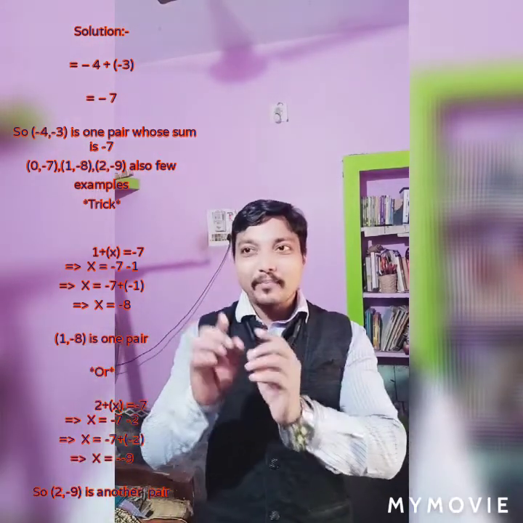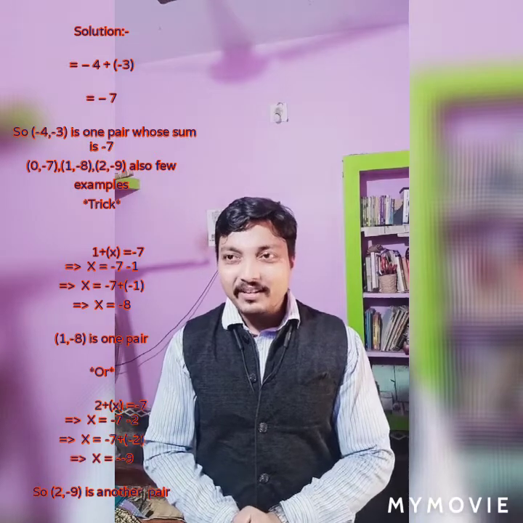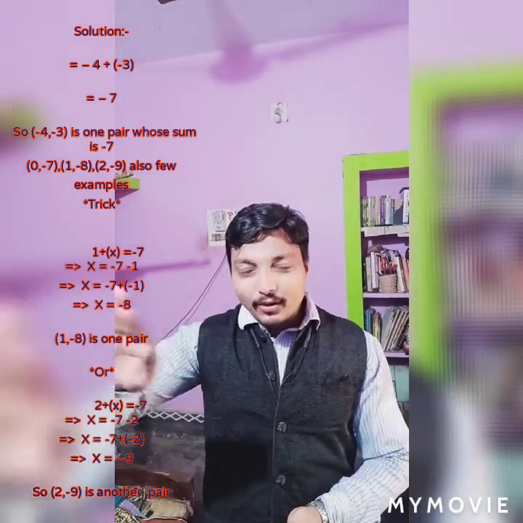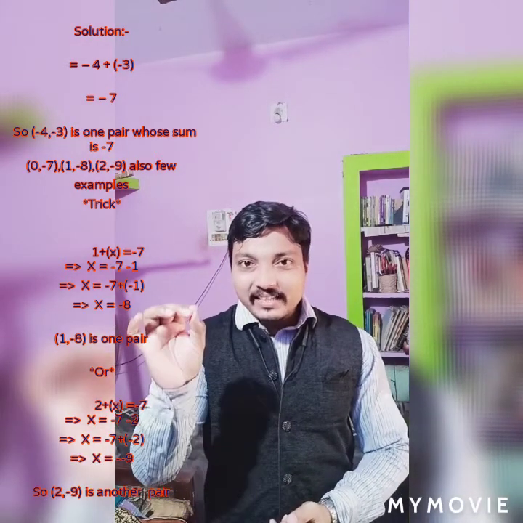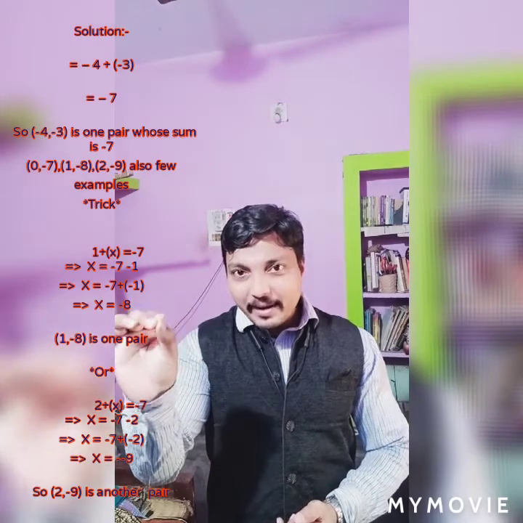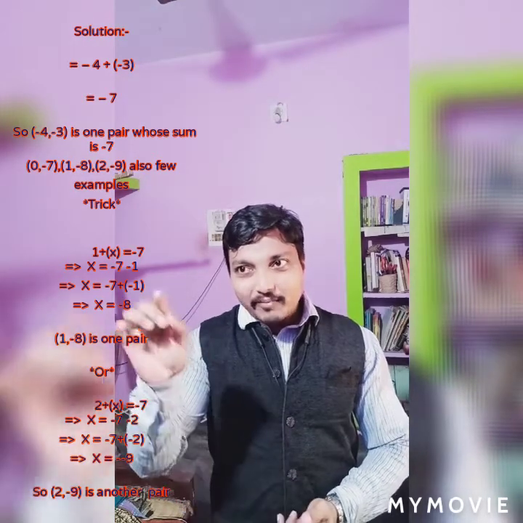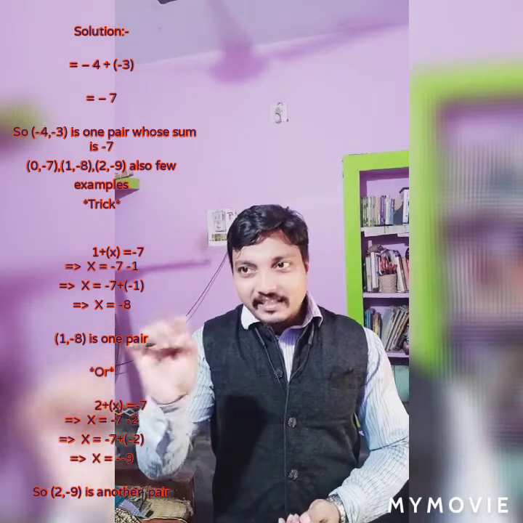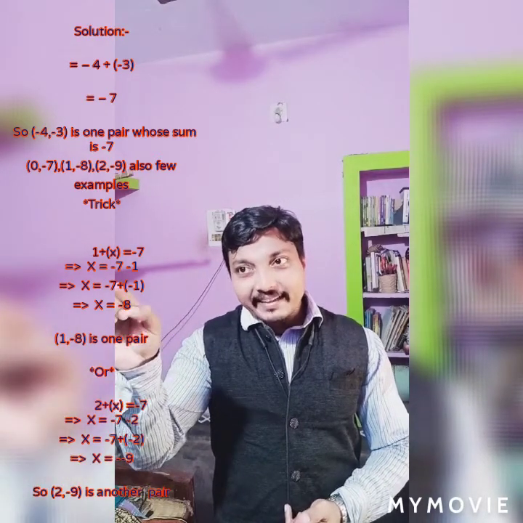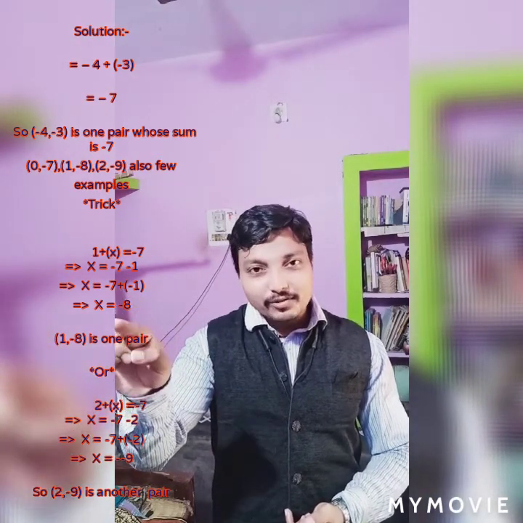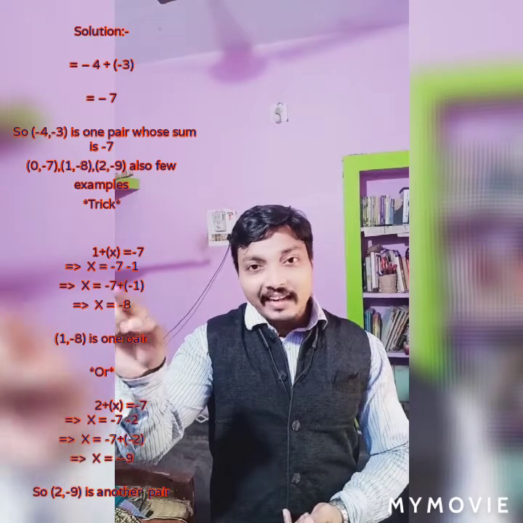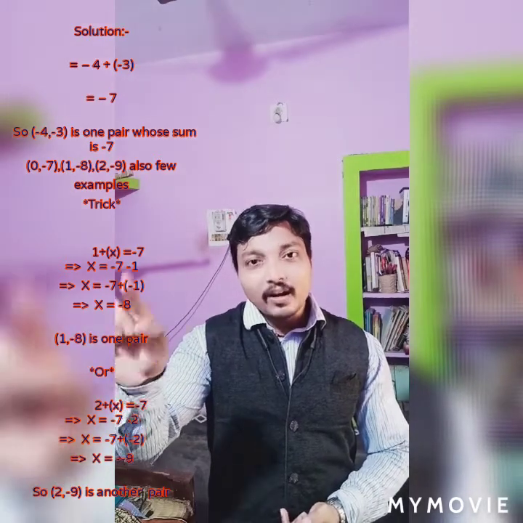So 1 + x = -7. Whenever I transpose 1 to the right side, it becomes x = -7 - 1, which is equal to -8. Subtracting 1 from -7 is the same as adding the additive inverse of 1 to -7.